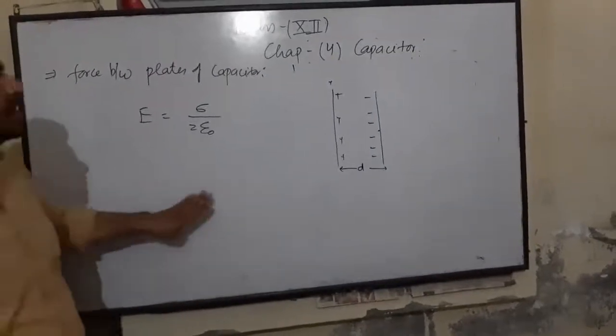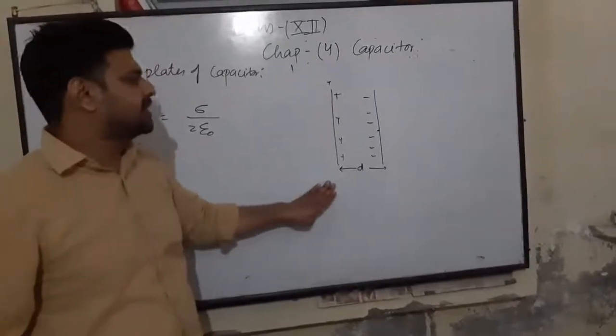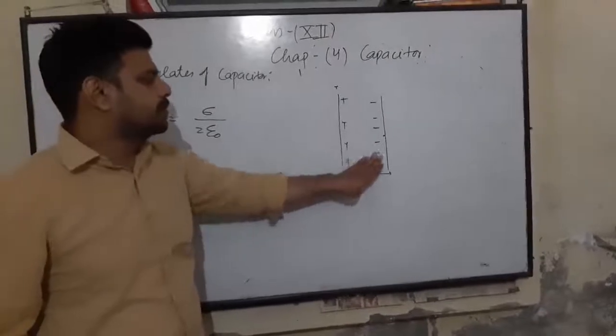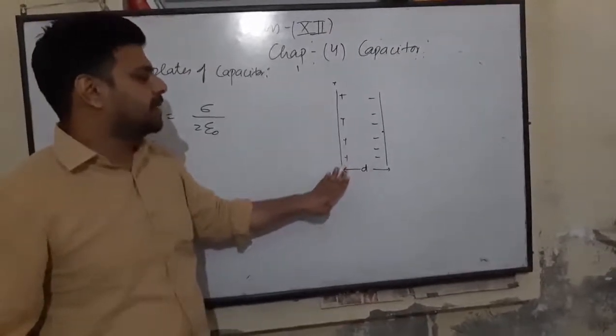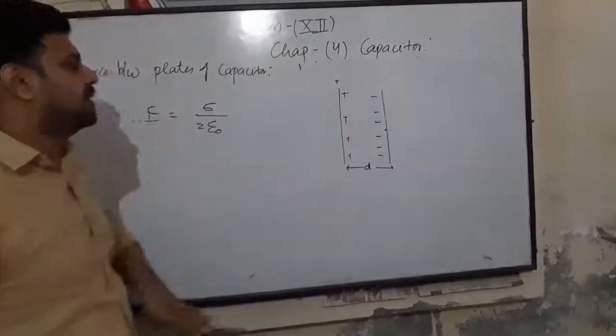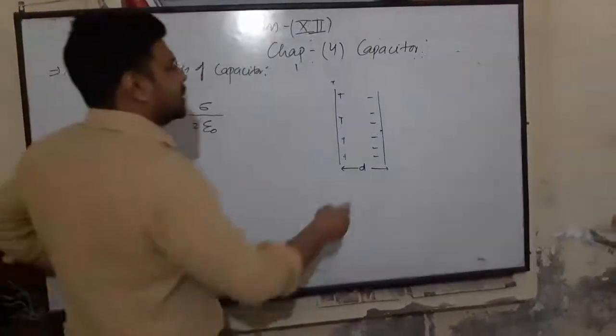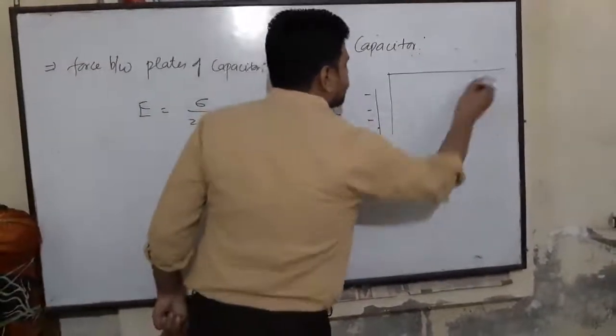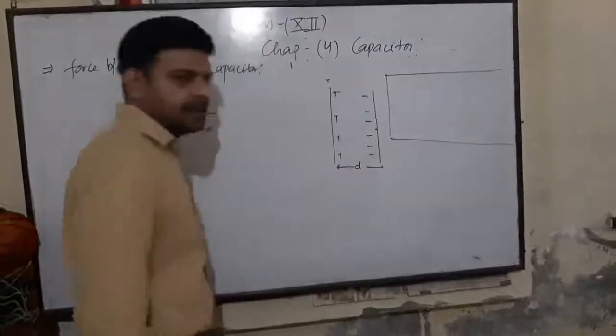As we know, this force is a mutual force. It means these two plates apply equal and opposite force on each other, and in electrostatics we have only two formulas to find the force.